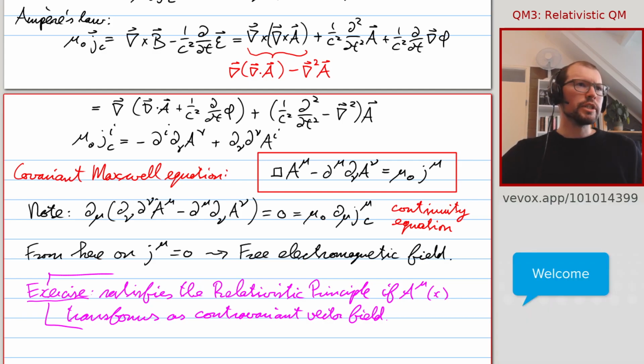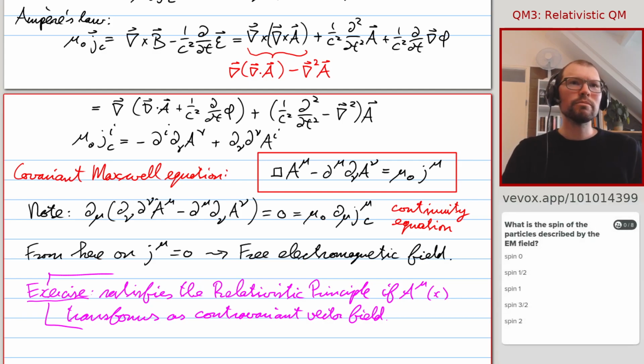So what does this mean for the spin of the particles that are described by the electromagnetic field? Let's do a quick poll again. Remember, how is the relativistic principle going to tell us what the spin of a particle is? Well, we've just told ourselves how to transform this field under a Lorentz transformation, so in particular under a rotation. So we're essentially asking, by how much do I have to rotate this field in order to get back to the identity again?